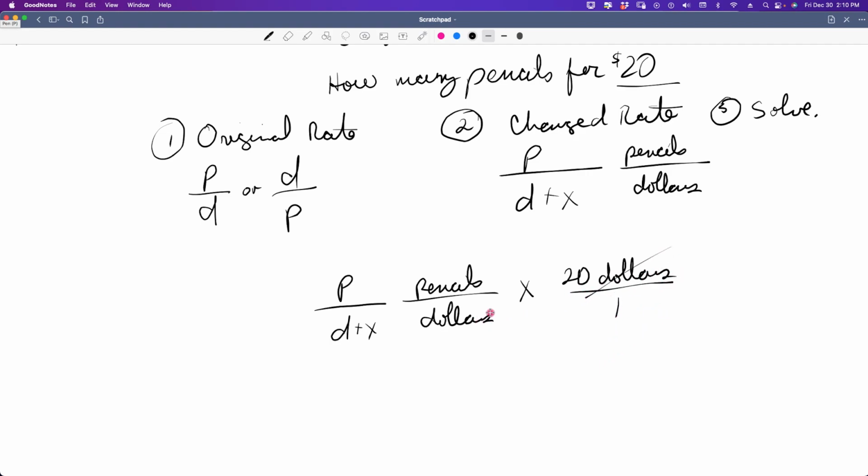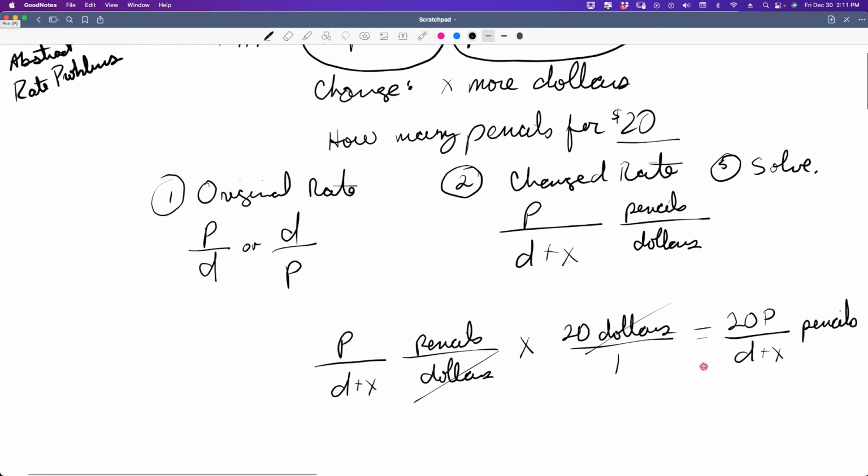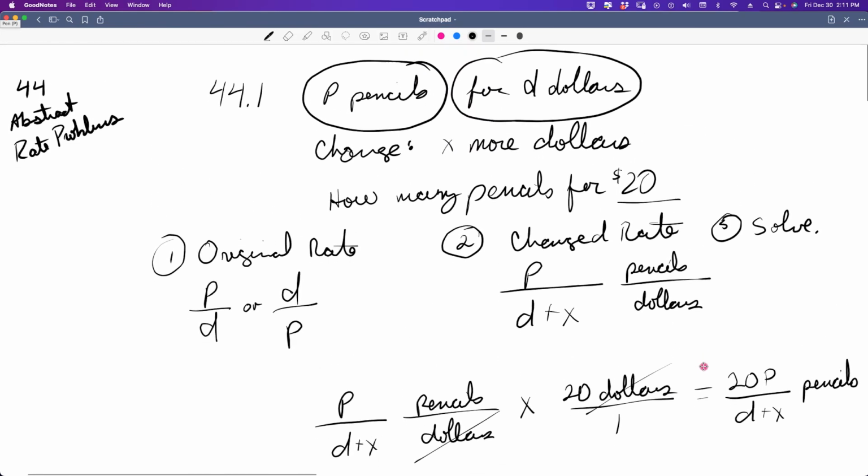We're going to cancel our dollars. So we know now that we can get 20P over D plus X pencils. All right, so we solved it as a group price. This is a group price.